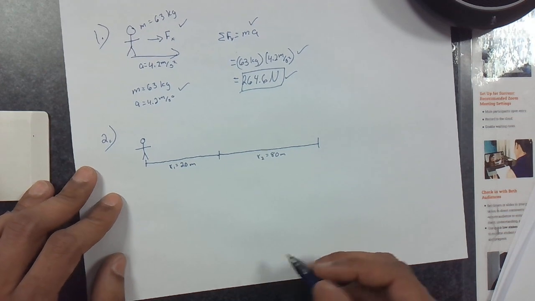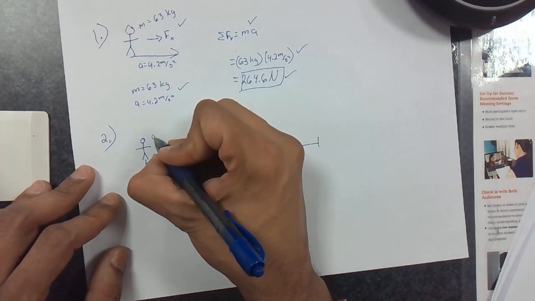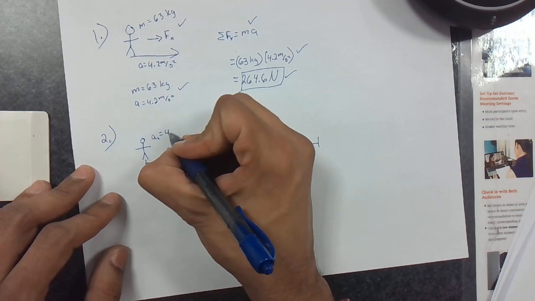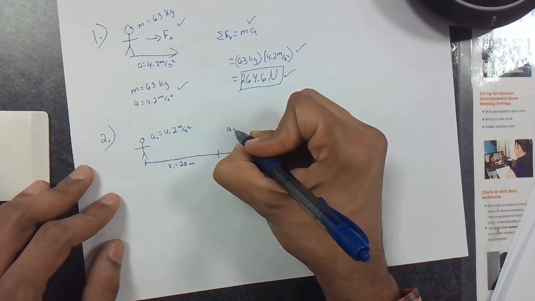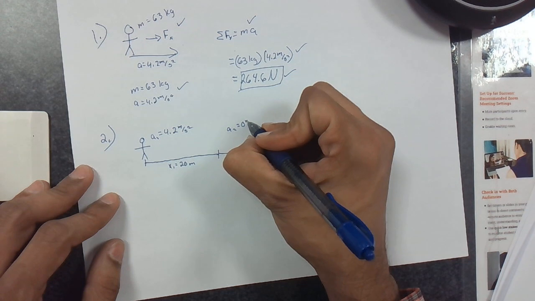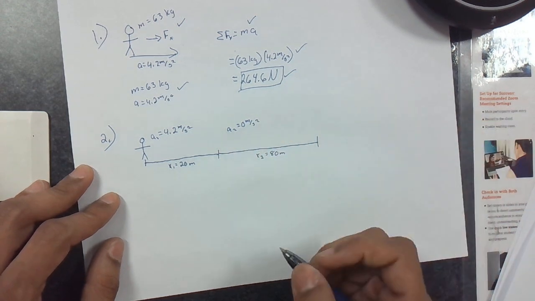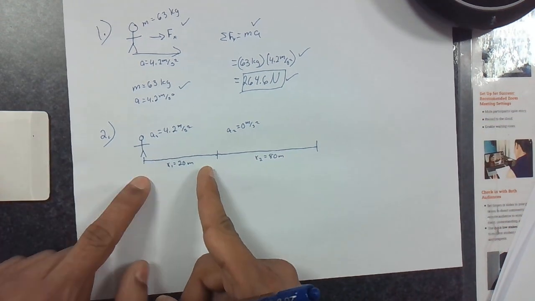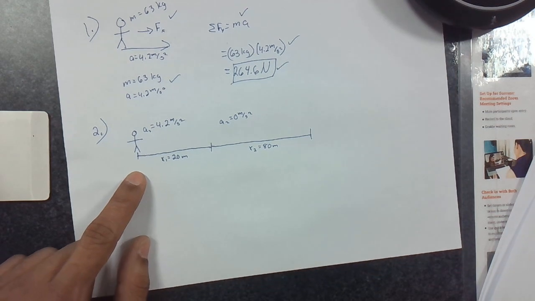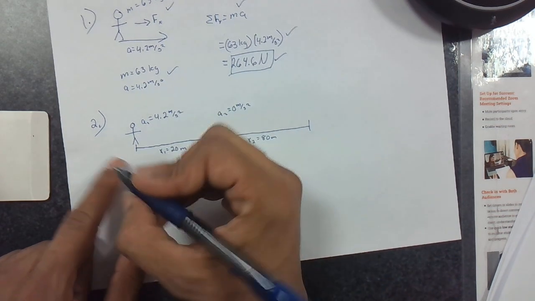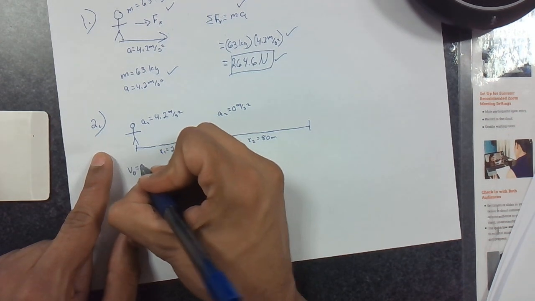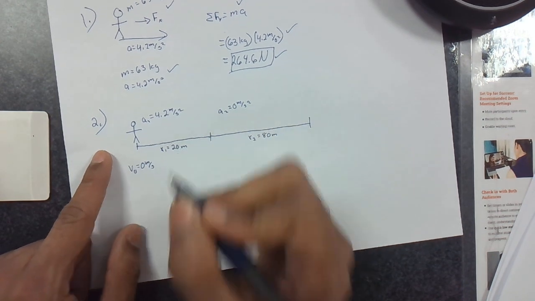So for a1, we'll put 4.2 meters per second squared. a2 equals 0 meters per second squared. Okay, so that means in this part, our initial velocity, does he start from rest? Starts a race. Okay, so he starts from rest, so we know our v naught is equal to 0 meters per second.